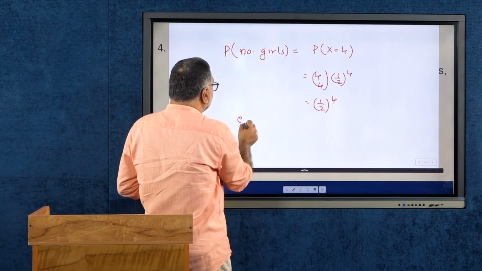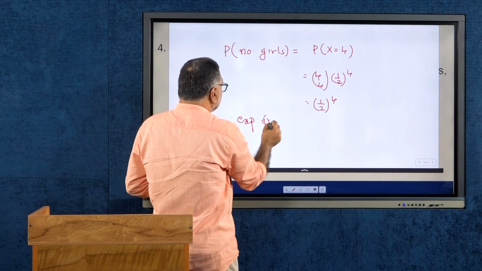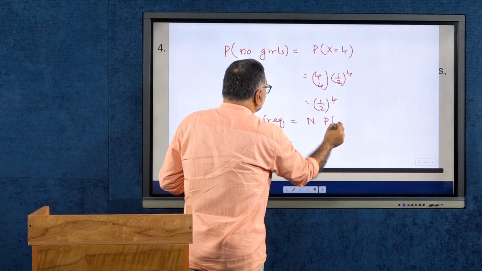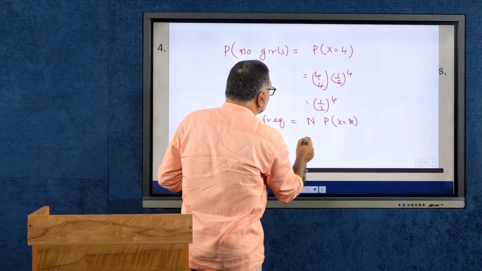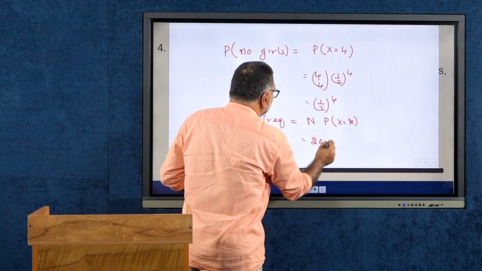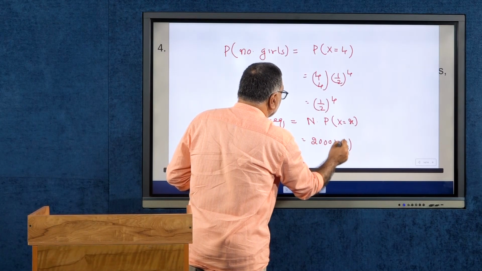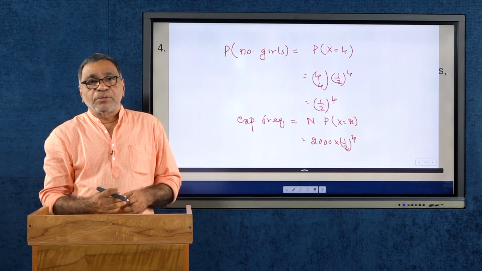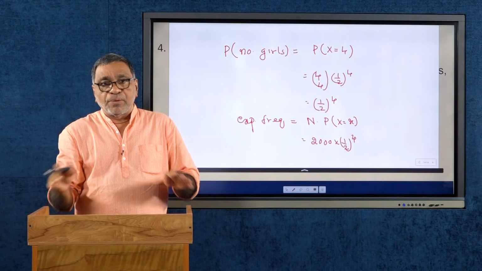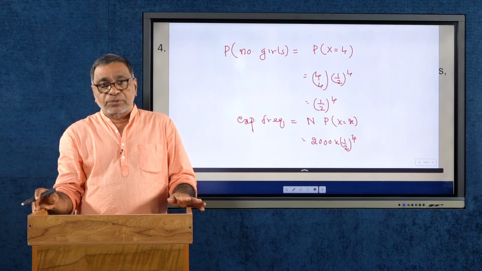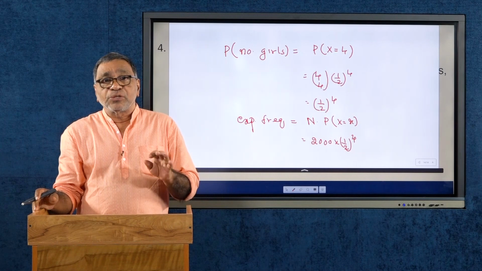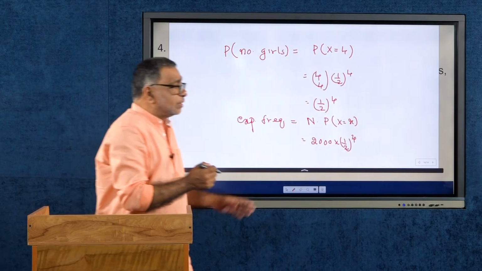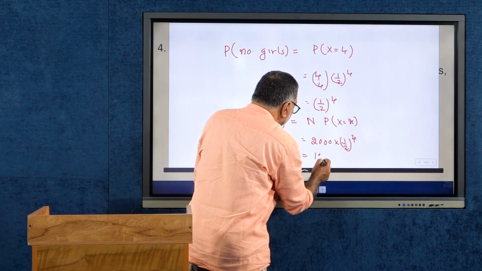The expected frequency is capital N into that probability, that is 2000 into (1 by 2) to the power 4. So among the 2000 families with 4 children, the families with no girls, that is all boys, you can expect 125 families.